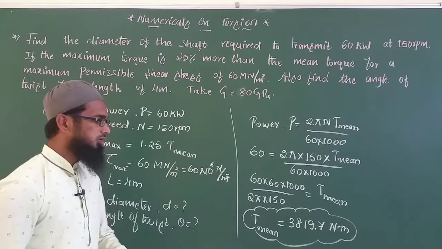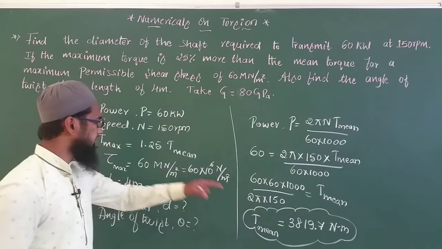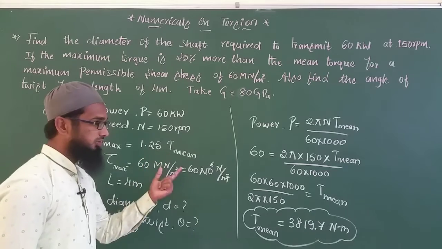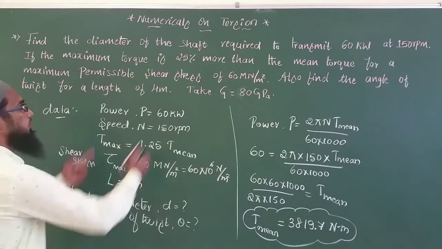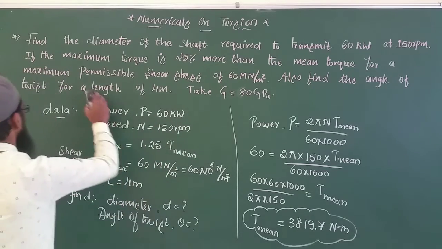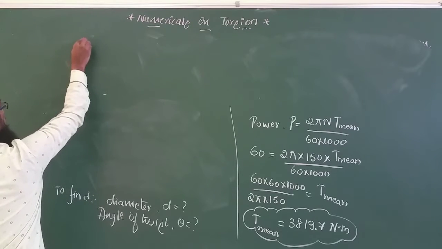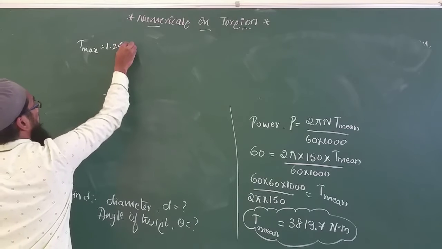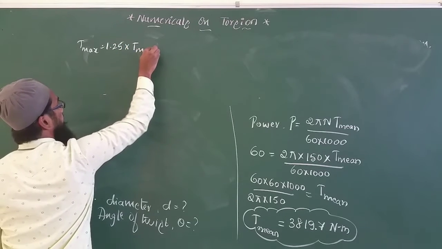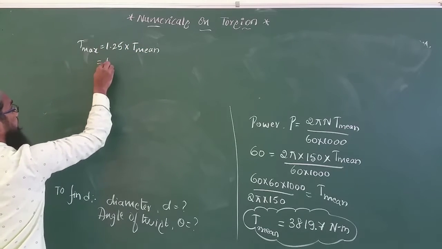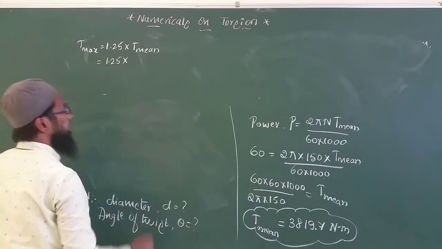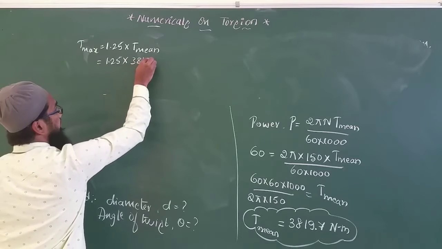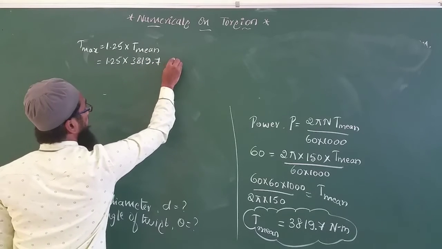Once we calculate T mean, we calculate the T maximum. There is no need for the problem statement here, so I will remove it. T maximum is equal to 1.25 times the mean torque, so 1.25 into T mean, with T mean as 3819.72 Newton meter.